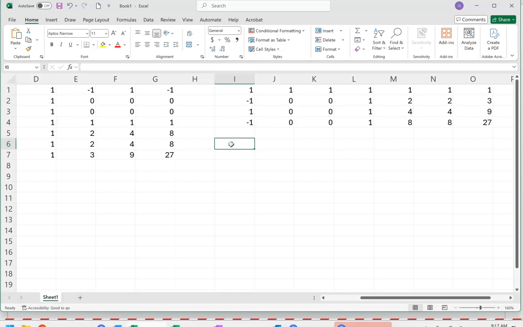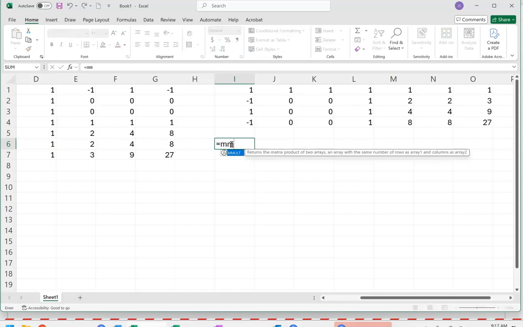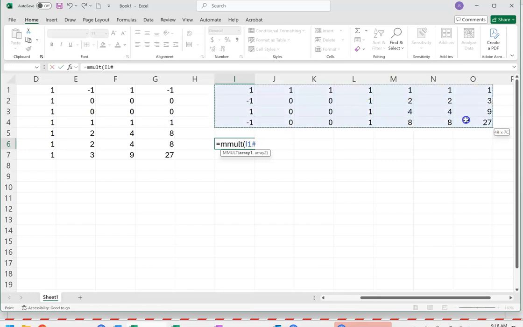So the function in Excel to do matrix multiplication is MMULT. Okay. All right, 2 M's there. So that's the function name for the matrix multiplication. I want to use the transpose, so I'll highlight the transpose, then a comma, and then highlight the original matrix. Okay.